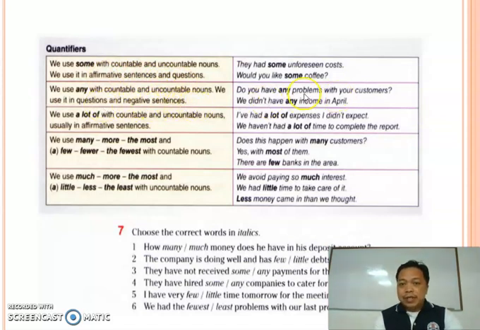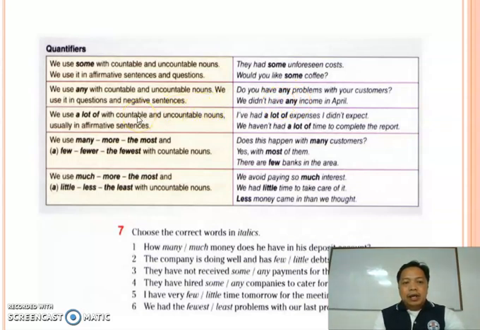So we have examples here. Do you have any problems with your customers? So this one is any, yeah? And this is countable. And this is a question. For the next example, we didn't have any income in April. This is a negative sentence, didn't, and have also used any here. All right.